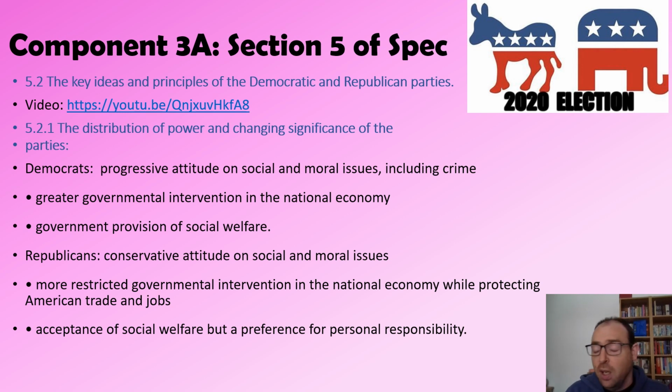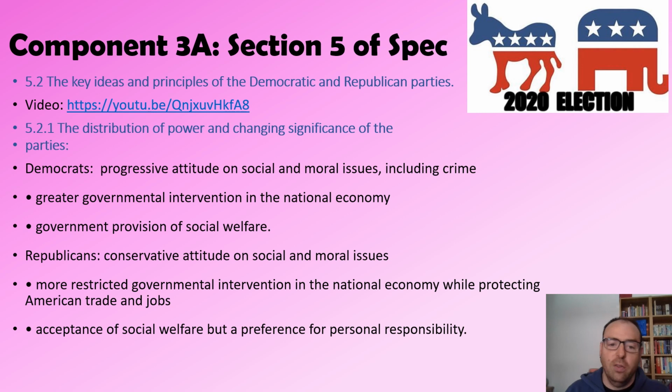So you've got the Democrats who have got progressive attitudes on social moral issues, including crime. They generally push for greater government intervention in the national economy. They generally want greater provision of social welfare, whilst the Republicans are increasingly conservative, in particular in their attitudes on social moral issues.